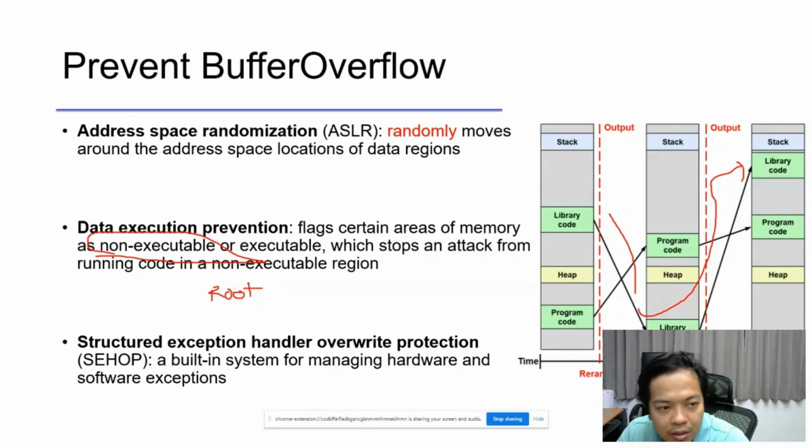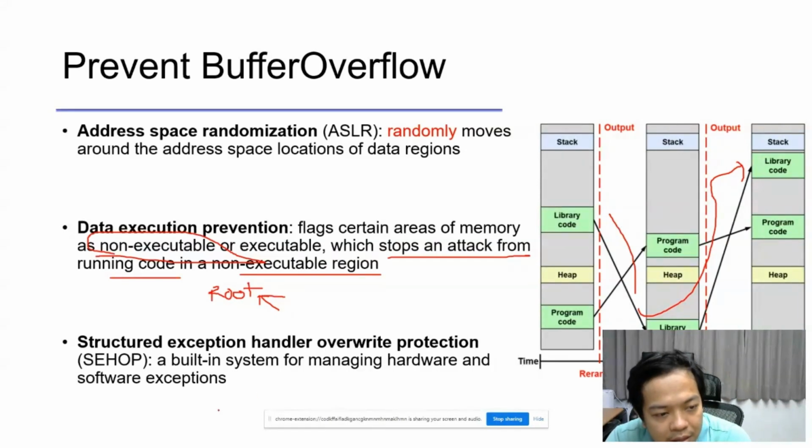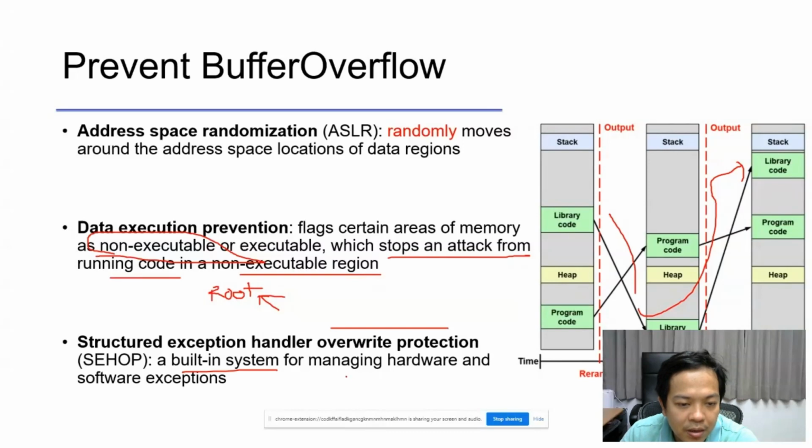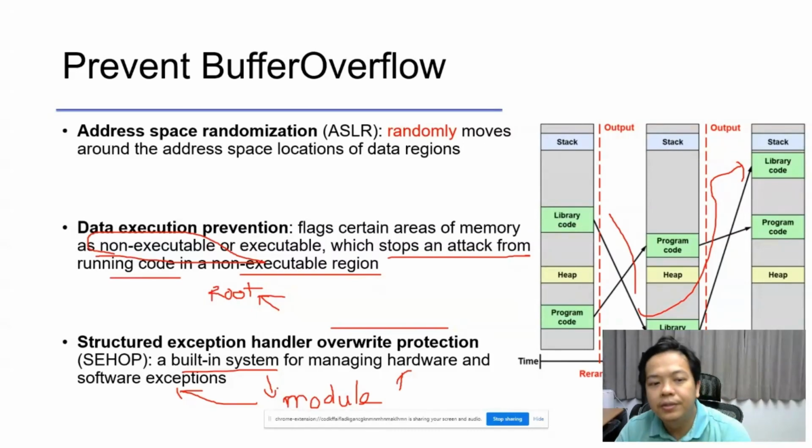So that's called data execution prevention. It can stop attacks from running code, so you need to have root access. And the last one relates to the mechanism, the structure, the exception handler and override. This one is a kind of built-in module in the system, a module built into the hardware or some software compiler to support it.